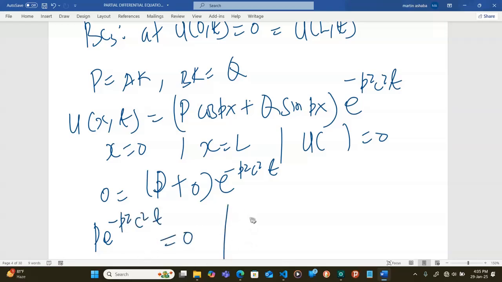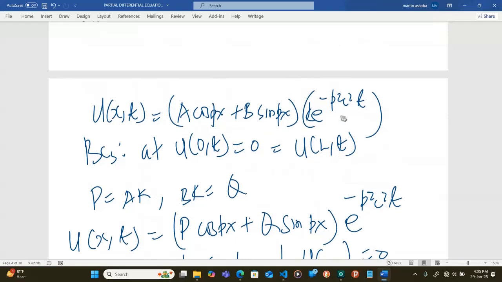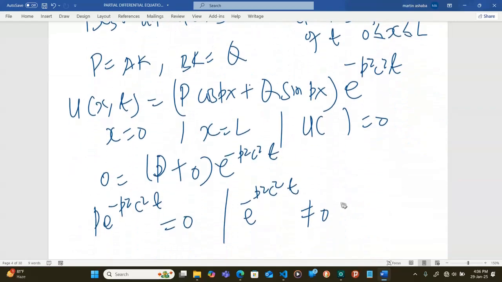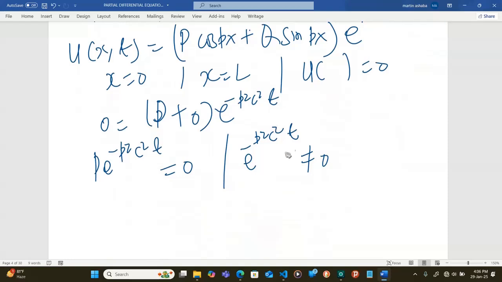What we have to know is that exponential of negative p squared c squared t cannot equal 0, because whatever is here, if you have u(0,t) equal to 0 or equal to u(L,t), this is true for all values of t, for x between 0 and L. So that gives you no option of saying that exponential of negative p squared c squared t is equal to 0.